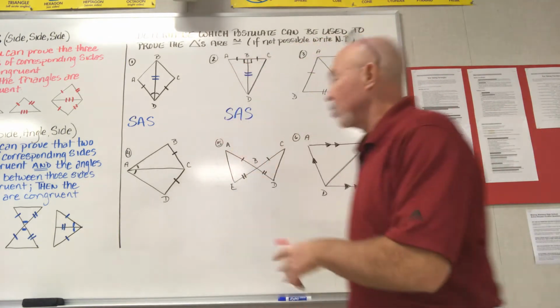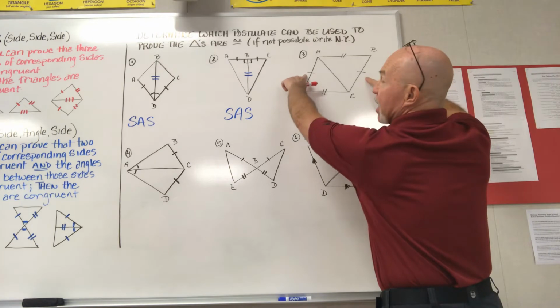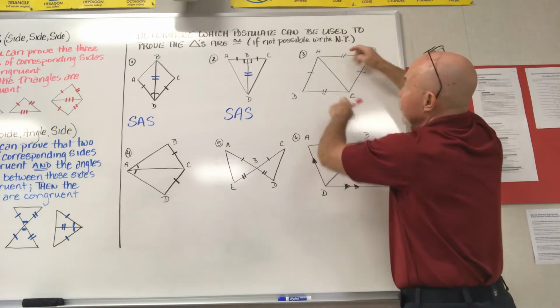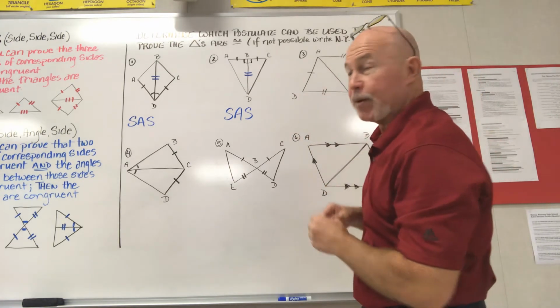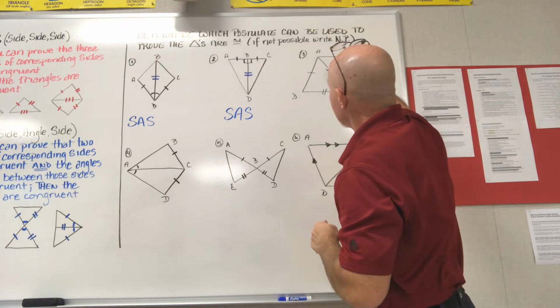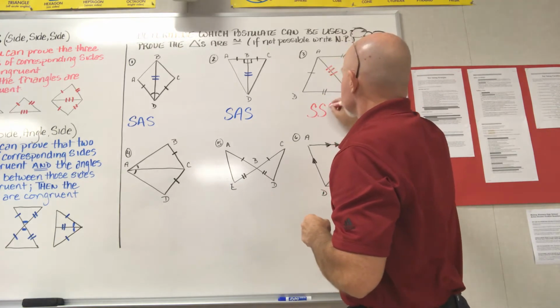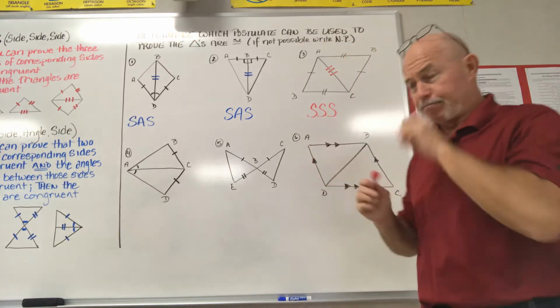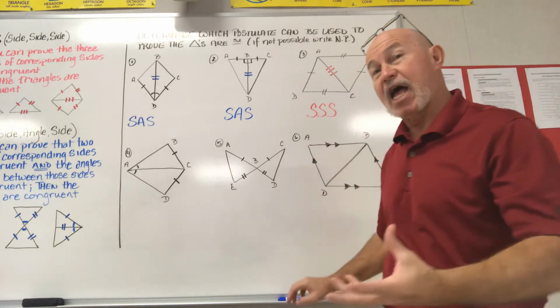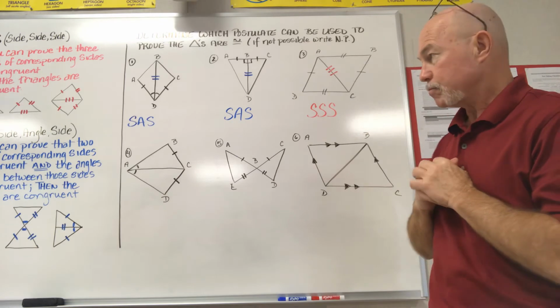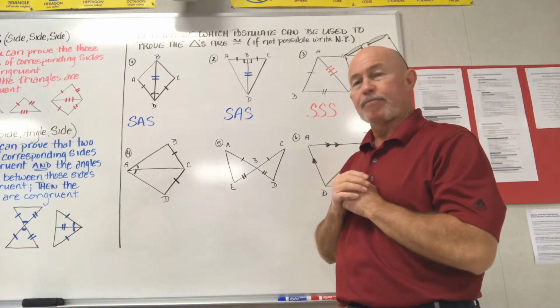Okay? This one. We've got a pair of sides. We've got another pair of sides. We know this pair of sides is common to both. That is the side, side, side postulate. Back to here.